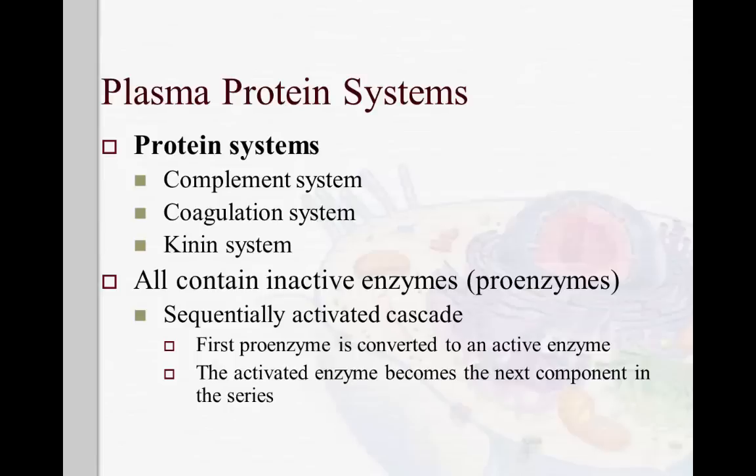Then we have a later phase that could take weeks to months or even years, but it has memory, so a primary and a secondary response. Now, there are several protein systems that participate in the inflammatory process for healing and repair. The first will be the complement system. Then we have the coagulation system and the kinin system.